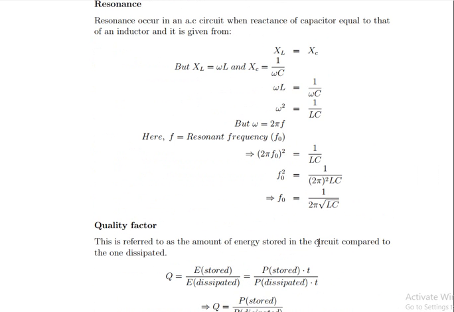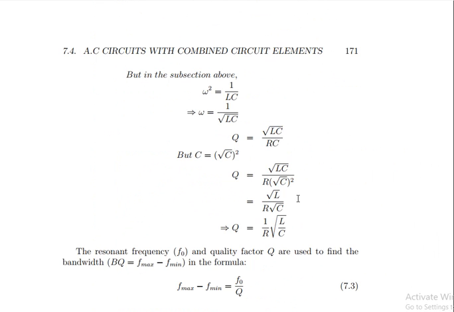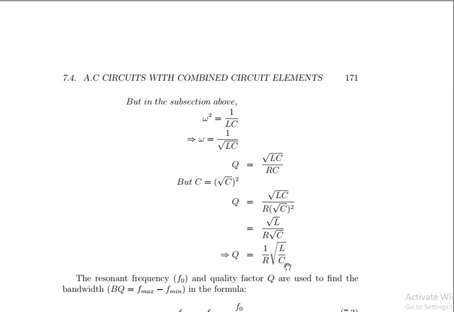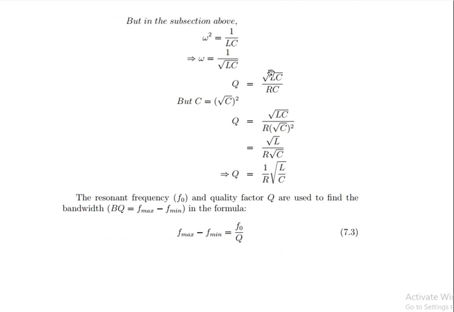But we initially found that omega is equal to 1 over the square root of LC. So from the formula above, where omega squared is equal to 1 over LC, omega is equal to 1 over the square root of LC. When substituting in this formula, you can have Q equal to the square root of LC over RC.